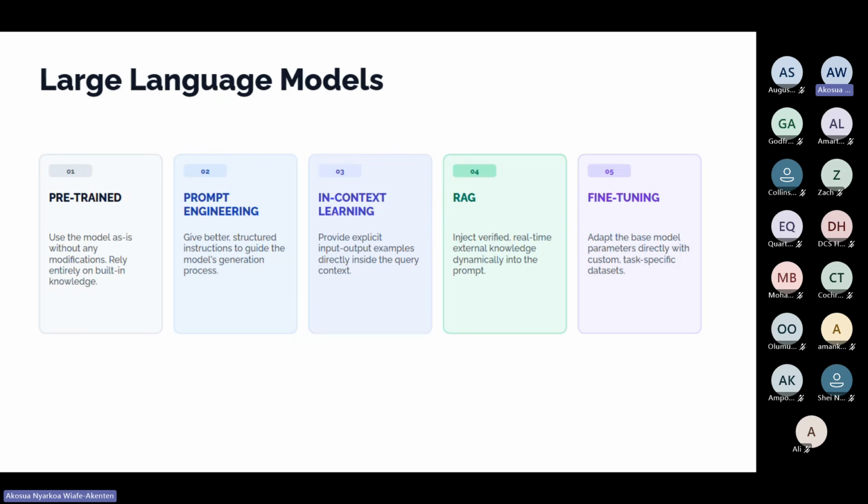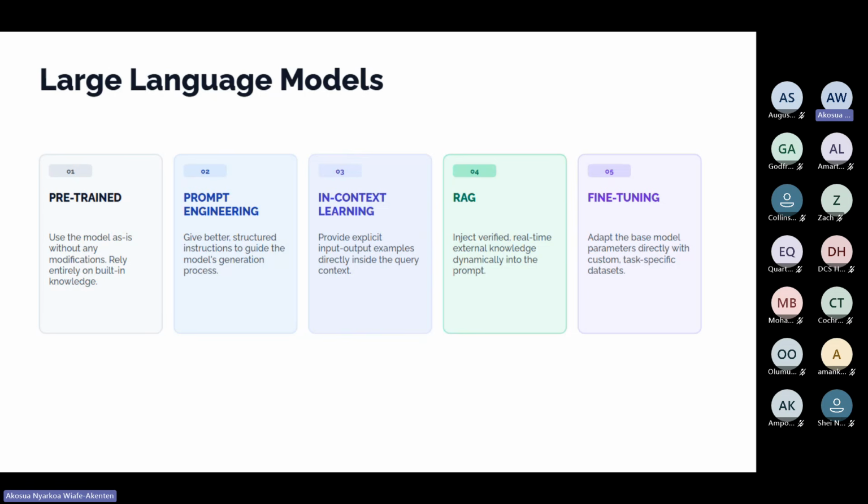Because the existing model is for Akan, now you need to think about how you can adapt the model for your target language or your target domain. And fine-tuning becomes very, very handy. So instead of changing instructions, we'd rather train the model further on examples that are relevant to your task or domain.